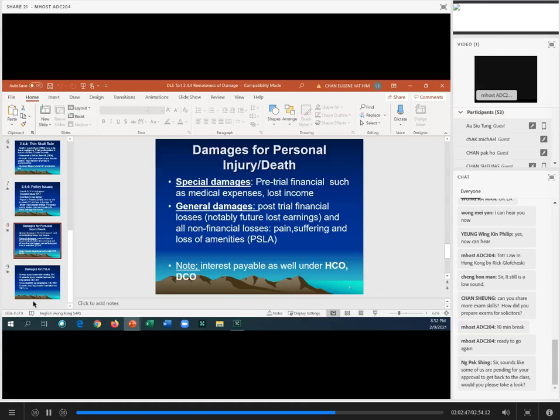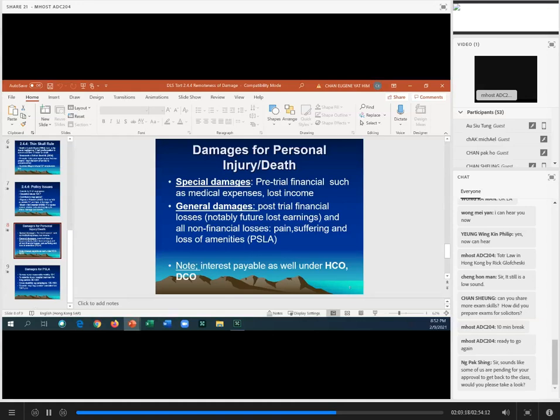Special damages can be calculated pretty accurately. Medical expenses, just produce the receipts and you'll get your money. Lost income, produce your employment contract. You're earning a certain amount of money per month. How long are you off work before trial? The court can calculate that pretty accurately. So they are called special damages, which are easily calculable.